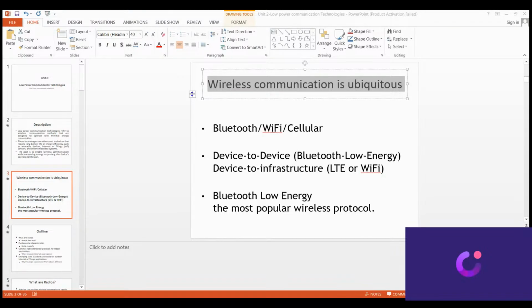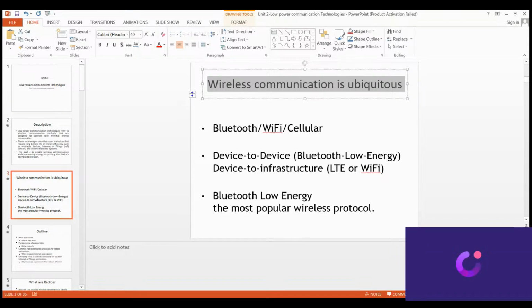Okay, Mr. Maxwell, what do we mean when we say it's ubiquitous? Yeah, and also you could look at it to say it comes out in so many forms.